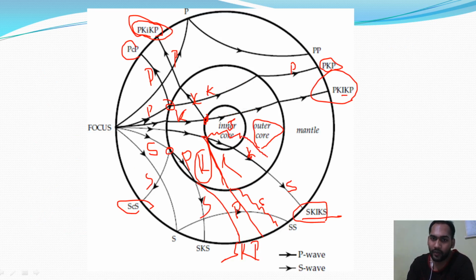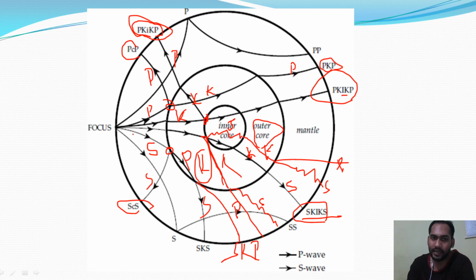Then again it will become K, because in the outer core S cannot travel, so it is K. Then here it can travel as P or it can travel as S, right? So the combination will be SKJKP or SKJKS. SKJKP means S in the mantle, then P in the outer core, then S in the inner core, then P in the outer core, then P in the mantle.